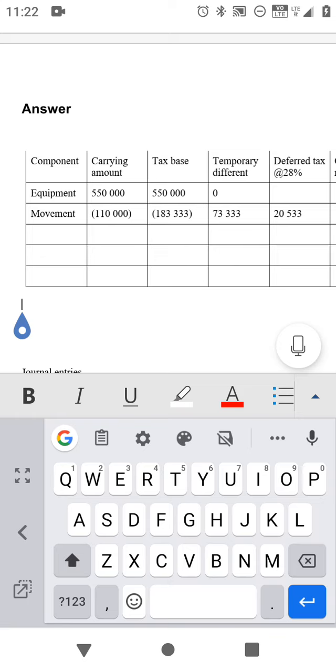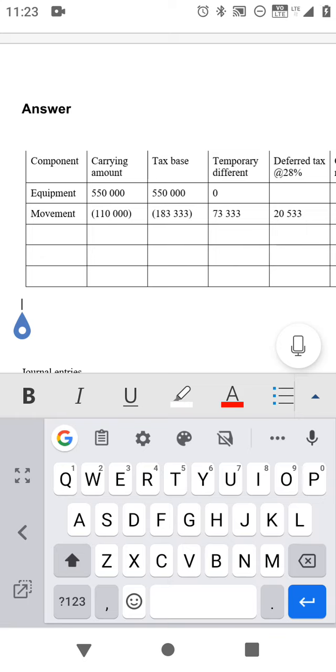So this simply means that the company is owing SARS because they receive more income instead of receiving what? Less income. They're supposed to claim 183,000. Now they claim 110.